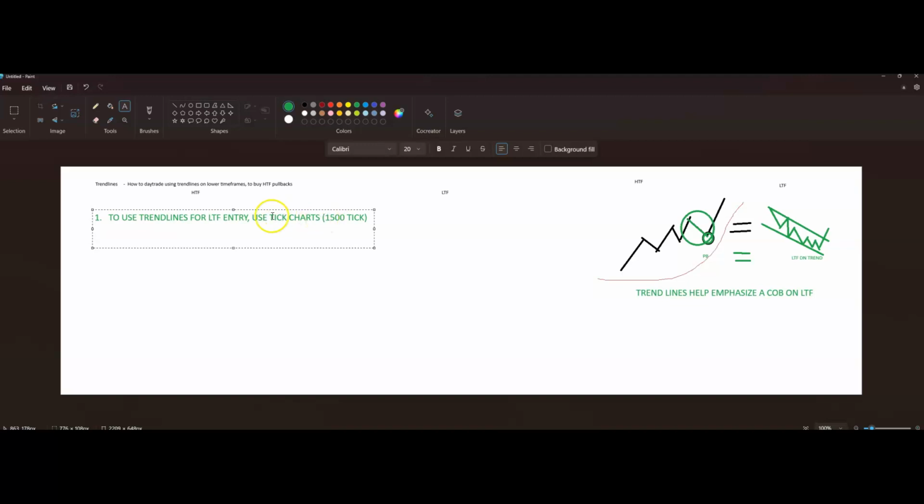Again, to use trend lines for lower time frame entry, use tick charts, not time-based charts.